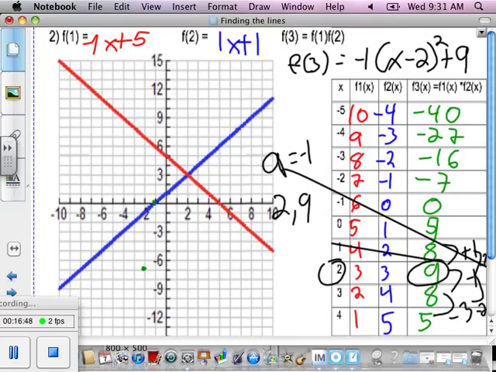Negative 1, I go to 0. 0, I go up to 5. 1, I go up to 8. 2, I go up to 9. 3, I go to 8. 4, I go to 5.